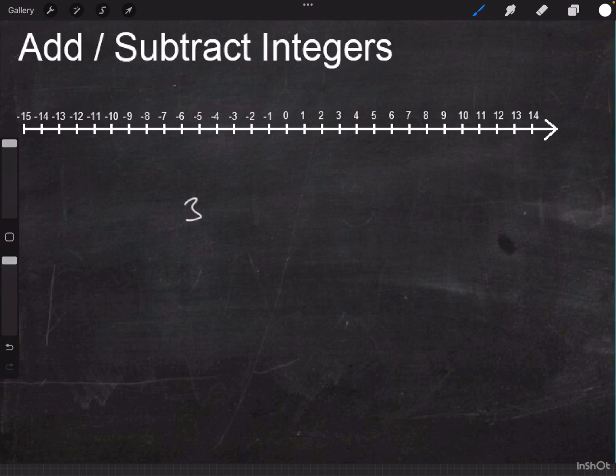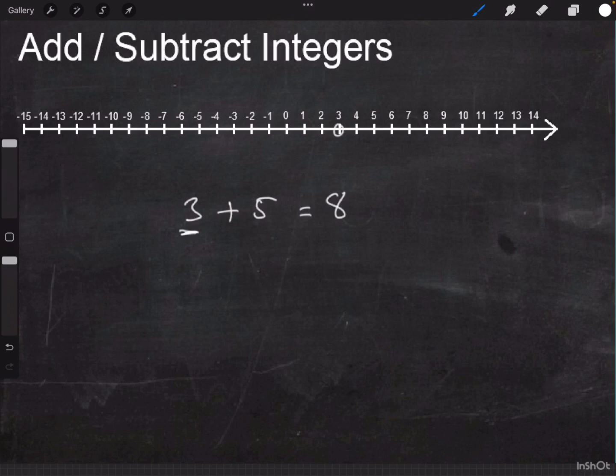3 add 5. Actually, this one is very easy. It's just like you add two natural numbers. So you know the answer is 8, right? 3 add 5 is 8. And if you apply it on the number line, you will start by looking at the first number on the number line, that number 3 right here. Alright. And then you add 5.